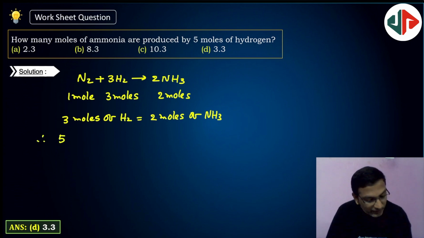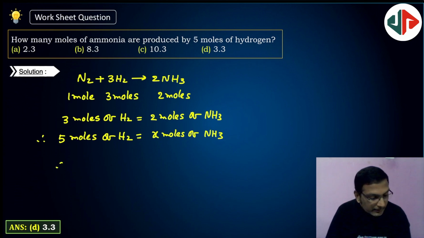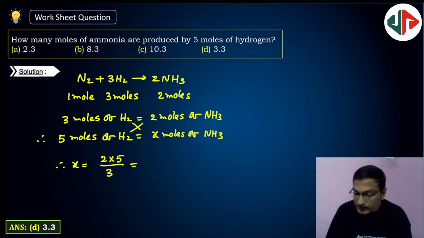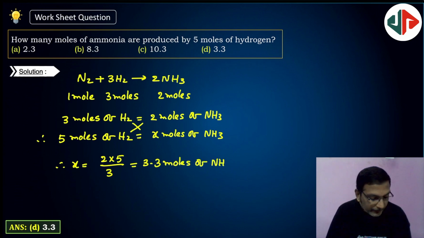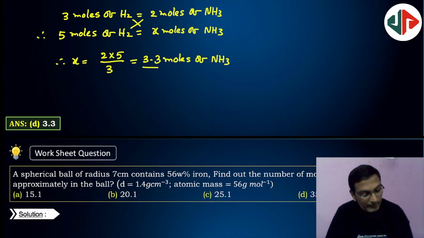Therefore, I am using here 5 moles. 5 moles of H2 will be equal to say X moles. So X value, by cross multiplication, is 2 into 5 by 3, which is 3.3 moles of NH3. 3.3 is the answer, Option D. Next.